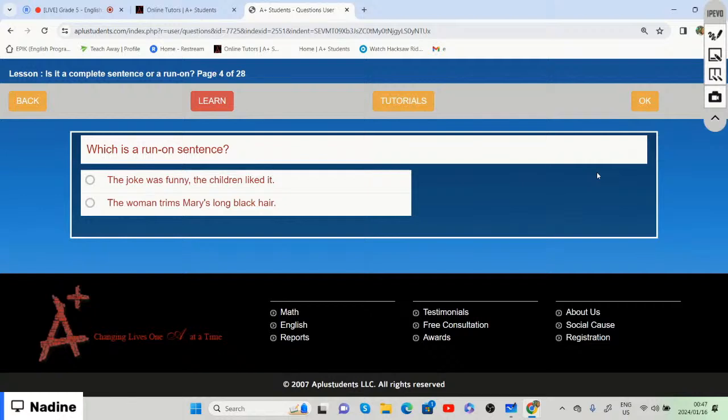So we need to say which one is a run-on sentence. The joke was funny. The children liked it. Or the woman trims Mary's long black hair.